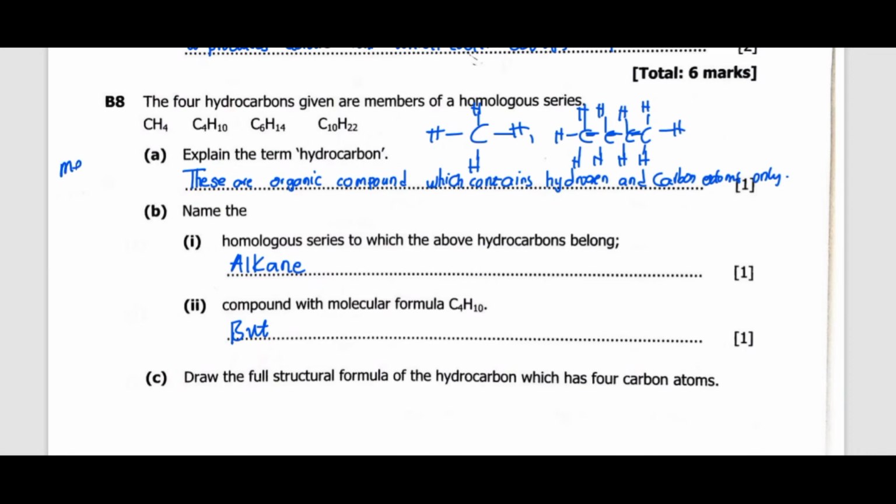So meth 1, eth 2, prop 3, bute 4, pent 5, hex 6, hept 7, oct 8, non 9, dec 10. So these are prefixes. So we have bute. Then since we have the single bond, we are going to add the suffix of ane. So we have the butane here.